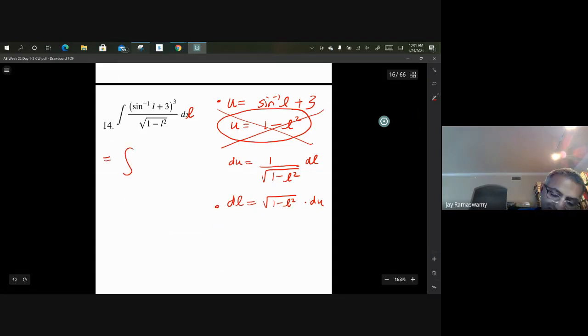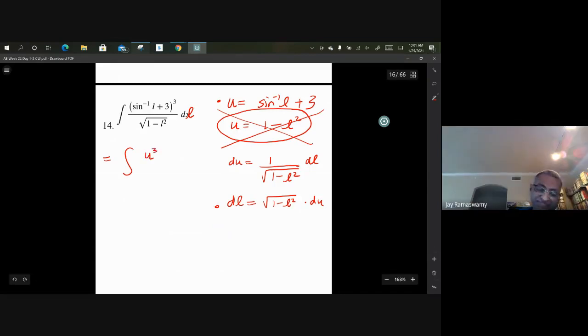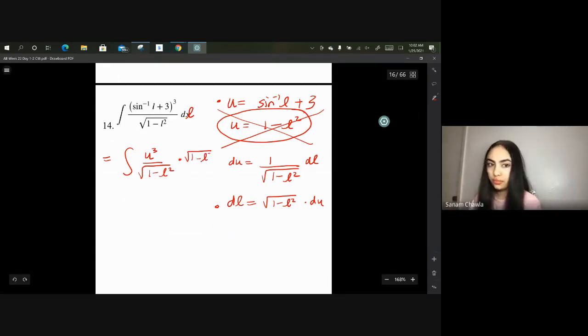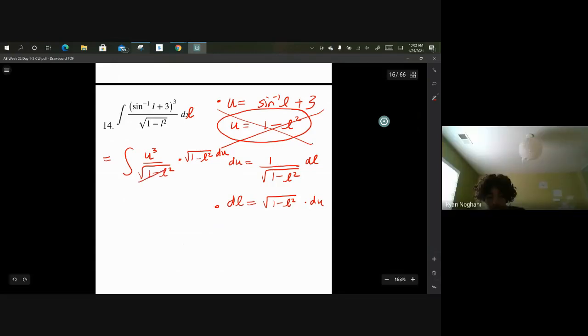So it becomes the integral. What does the numerator just become? U cubed. The denominator stays radical 1 minus L square. And what is dl after all? Radical 1 minus L squared du. Ta-da! And what happens to the radical 1 minus L squares? They cancel.